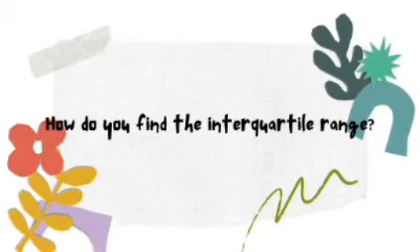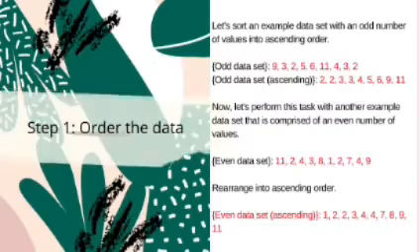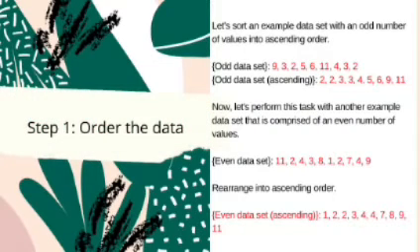Next, how do you find the IQR? Step 1. Order the data. In order to calculate the IQR, we need to begin by ordering the values of the dataset from the least to the greatest. Likewise, in order to calculate the median, we need to arrange the numbers in ascending order from the least to the greatest.